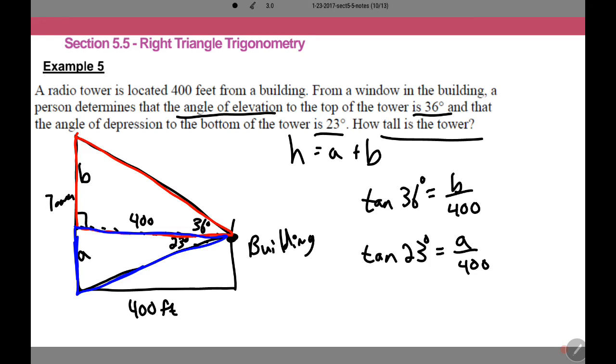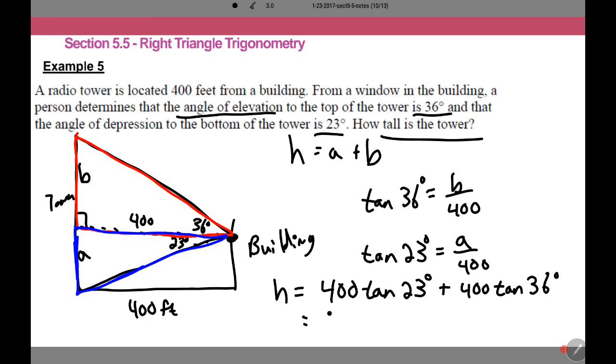If I work this out, my height is equal to 400 times the tangent of 23 degrees for A, and for B, 400 times the tangent of 36 degrees. And that will give me my answer, if I calculate that out, of 460.4 feet.